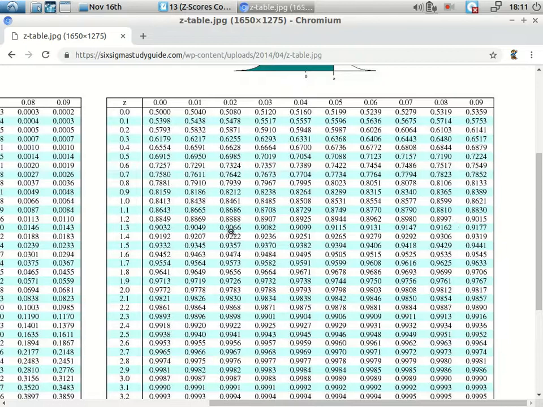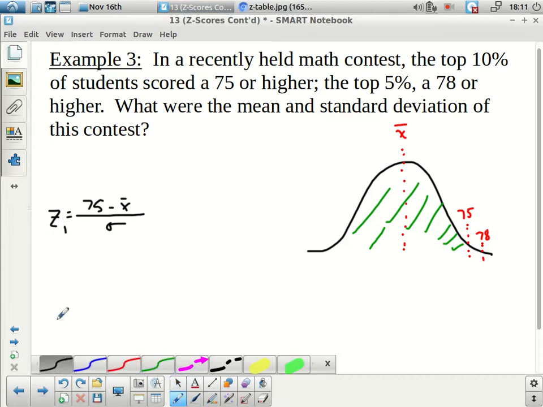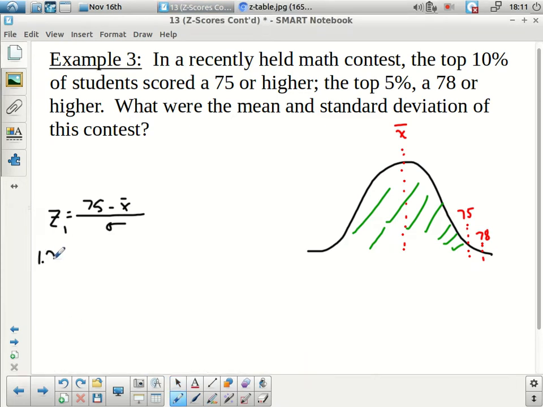So that is a Z-score of 1.28. So I have 1.28 is equal to 75 minus the mean, over the standard deviation. And that's about all I can do with that right now.